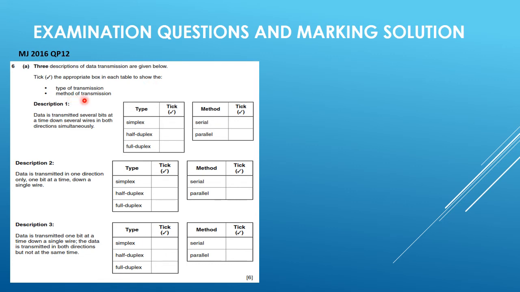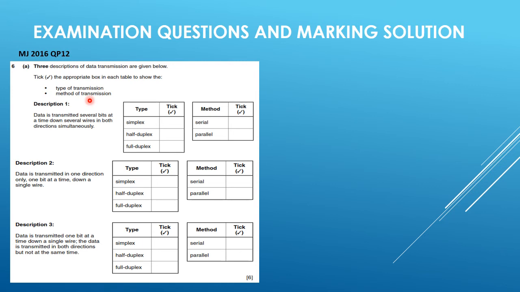Okay, let me tell you, these 2 words, methods, types or modes of transmission, can be used interchangeably. So if for instance it is given in the question that the type of transmission is simplex, half duplex, full duplex, do not get confused, because you might have read that the type of transmission is serial and parallel.